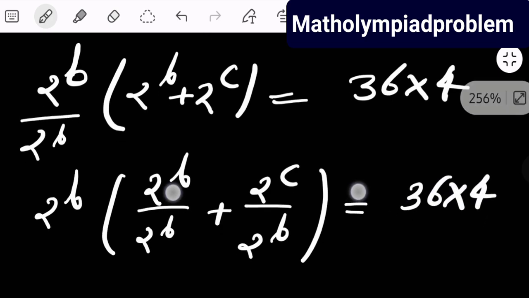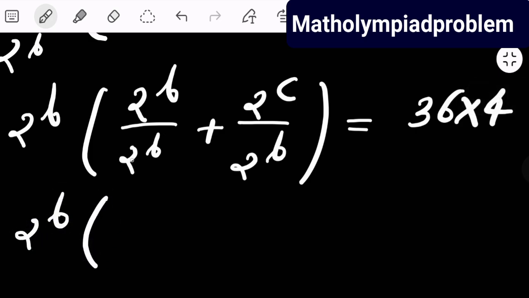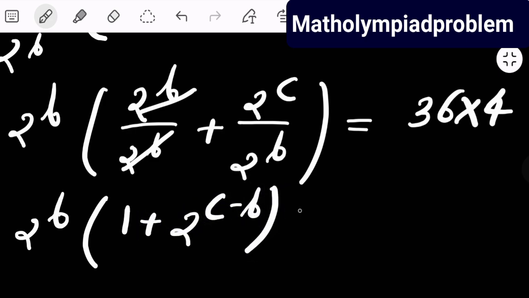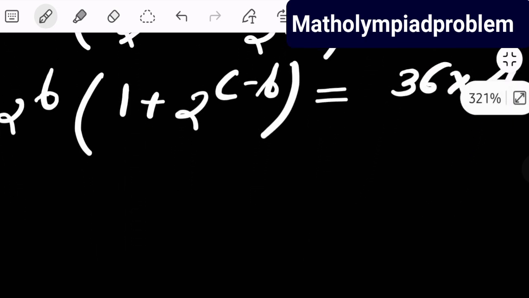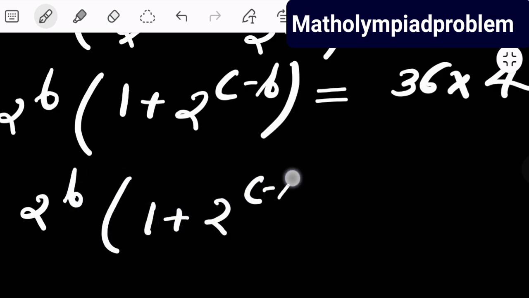Okay. I hope this step is clear. Now 2 raised to b, same way, and 2 raised to b, 2 raised to b will be cancelled. The result will be 1 plus 2 raised to c minus b is equal to 36 multiply 4. So we have 2 raised to b upon 1 plus 2 raised to c minus b.